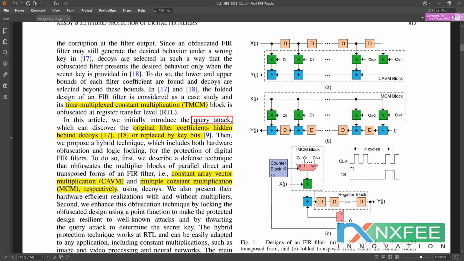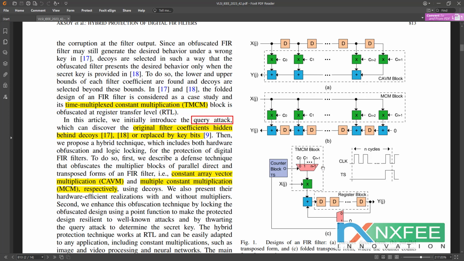Here C0, C1, C2 up to Cn minus 1 are called the coefficients, x of j is the input and y of j is the filter output. In the folded transposed form, we need to put the coefficient values in the multiplexers, not directly to the multiplier.